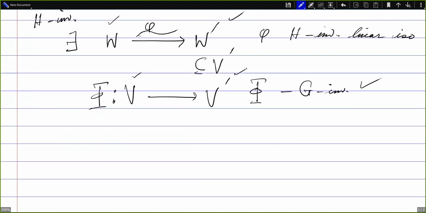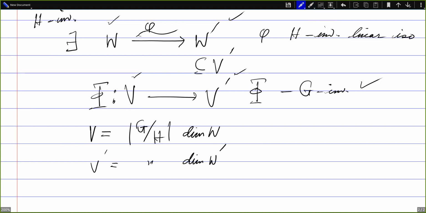Now, since both rho and rho prime are induced by theta, the dimension of V becomes this times the dimension of W from the dimension formula, and the dimension of V prime also becomes the same times the dimension of W prime.